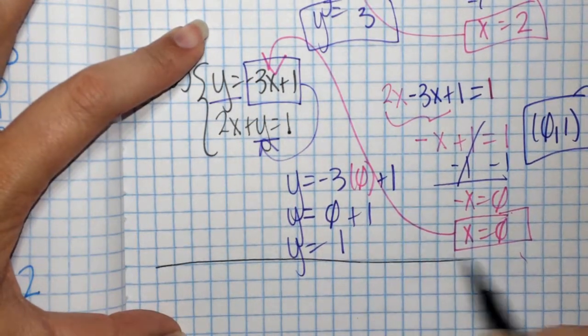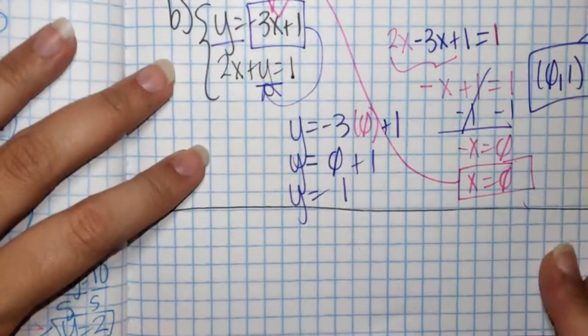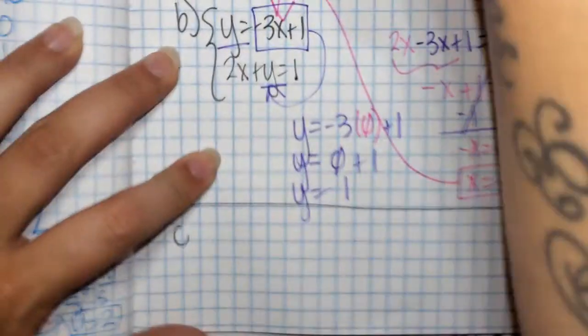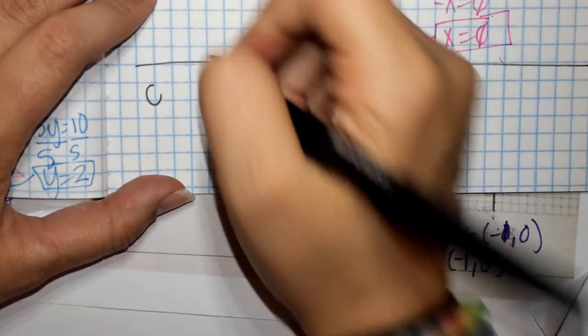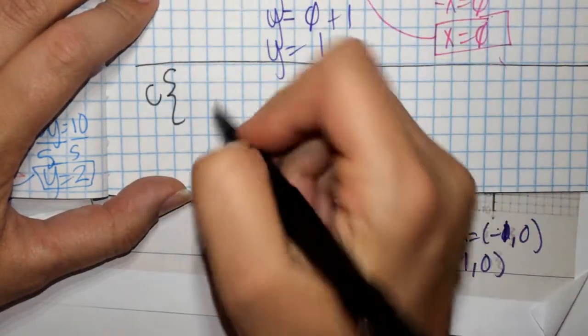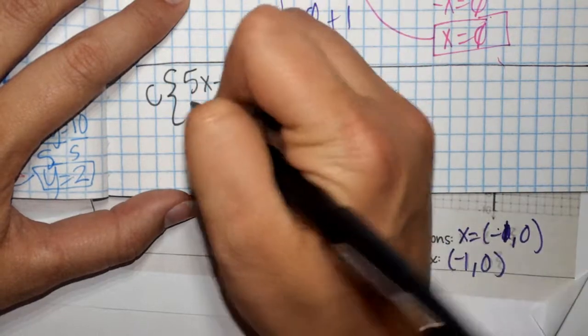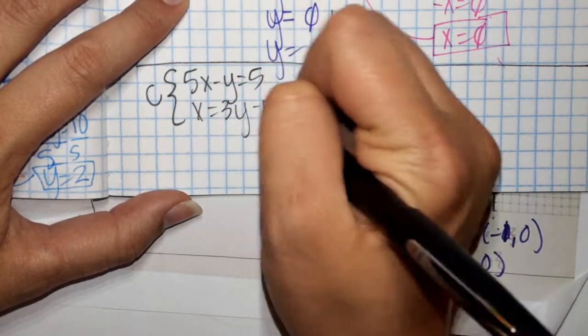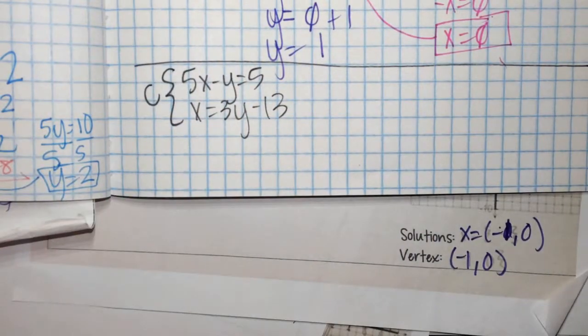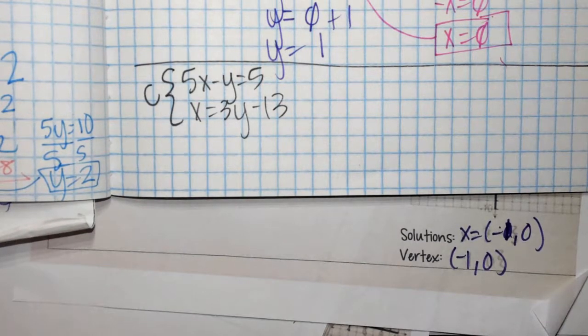Alright, C. Now, I love the problem C. Why do you think, looking at this problem, that I like it more than the others? Because X is by itself and you have to distribute.